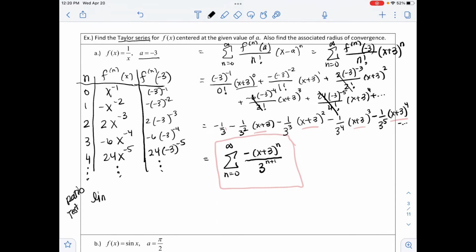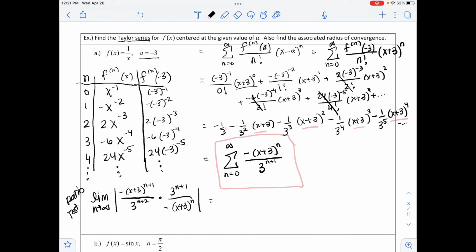which is the limit as n approaches infinity of the absolute value of, and this is going to be a sub n plus 1. And so for this, we would have negative x plus 3 to the n plus 1 over 3 to the n plus 1 plus 1, or n plus 2, times, and then I'll multiply by the reciprocal of a sub n, which is going to be 3 to the n plus 1 over negative x plus 3 to the n.